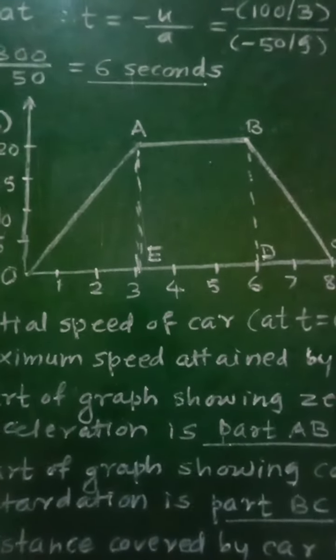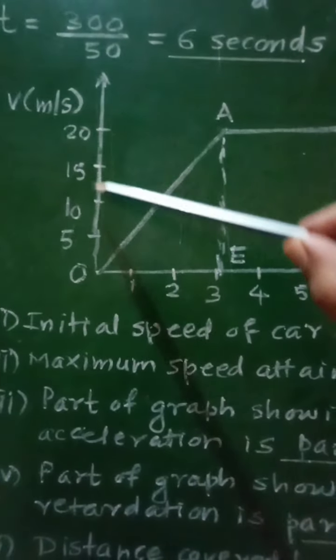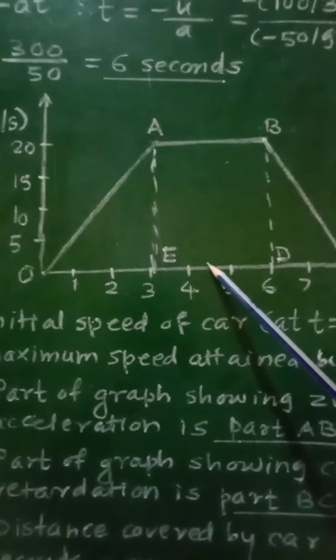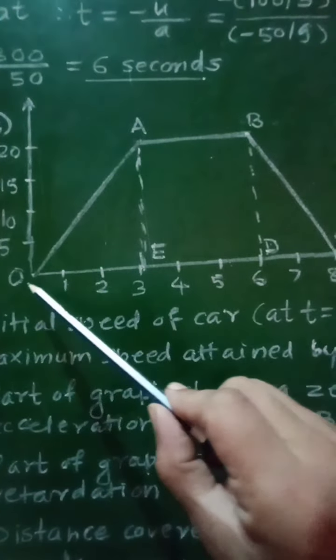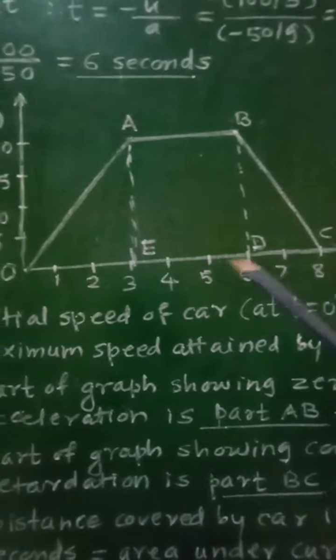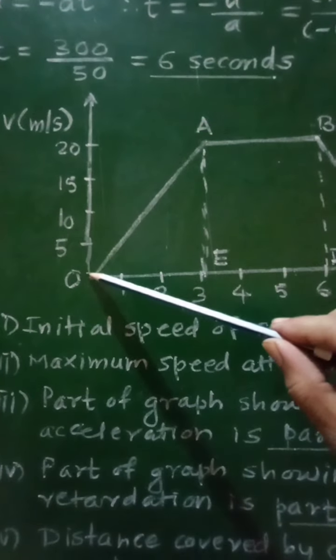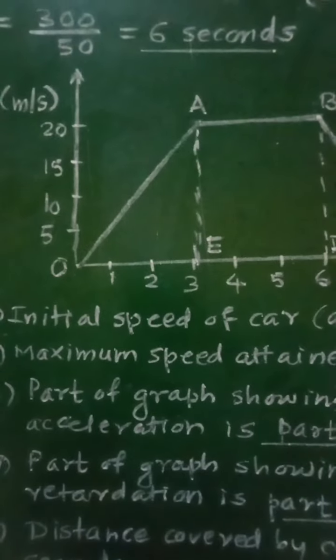And therefore for this numerical, the graph of velocity in terms of meter per second and time in terms of second is plotted. Along x-axis time is taken as 0, 1, 2, 3, 4, 5, 6, 7, 8 seconds, and along y-axis velocity in terms of meter per second is taken as 0, 5, 10, 15, 20.